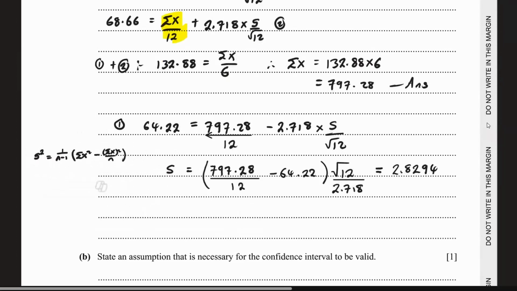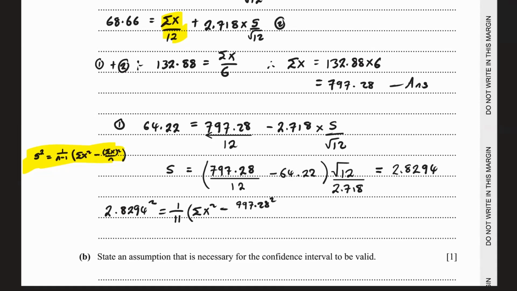Which means that 2.8294 squared is equal to 1 over 11, since n is 12, of the sum of squares of x minus the sum of x, which we got to be 797.28, squared over 12.